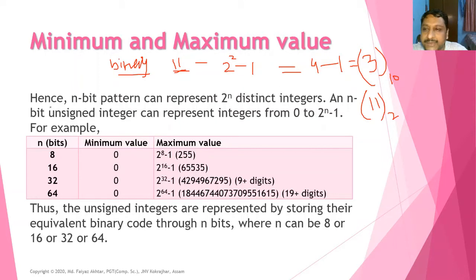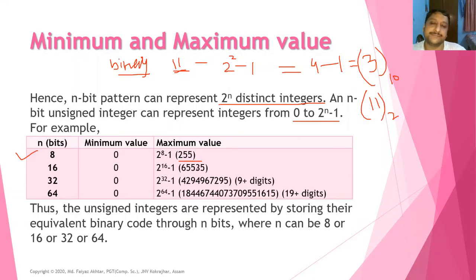So the formula is: an n-bit pattern can represent 2 to the power n distinct integers. An n-bit unsigned integer can represent integers from 0 to 2 to the power n minus 1. Understood? For example, here we have taken 8 binary bits, so from 0 to 2 to the power 8 minus 1, up to 255.